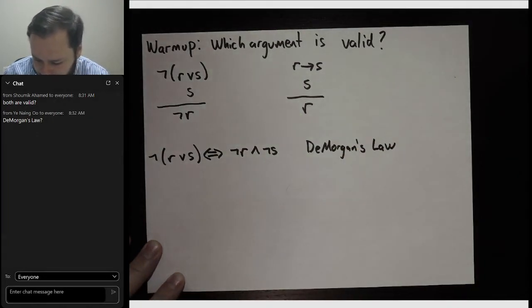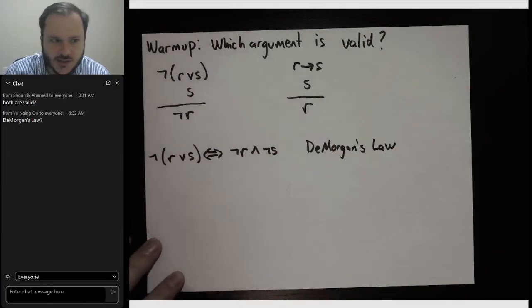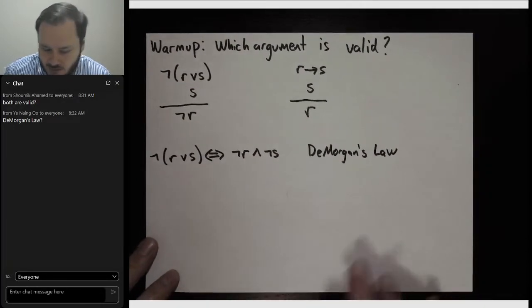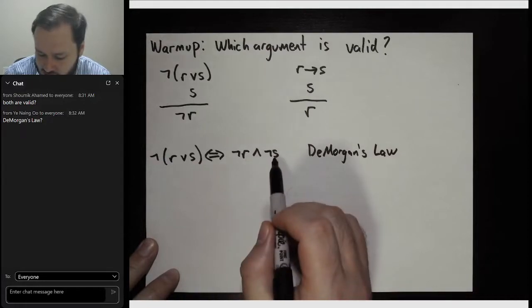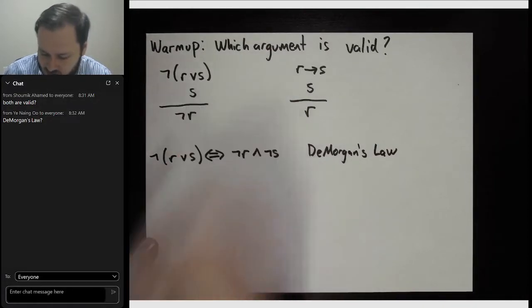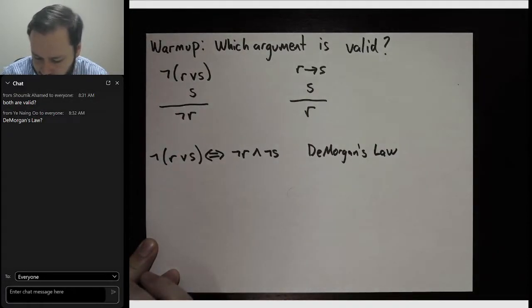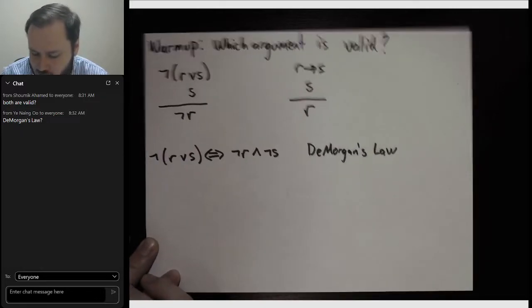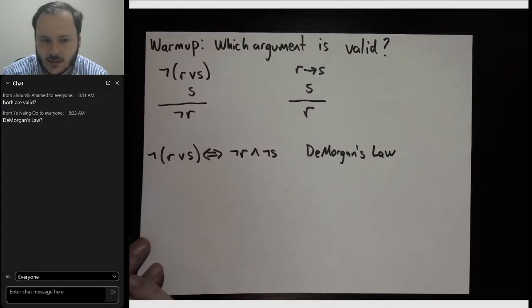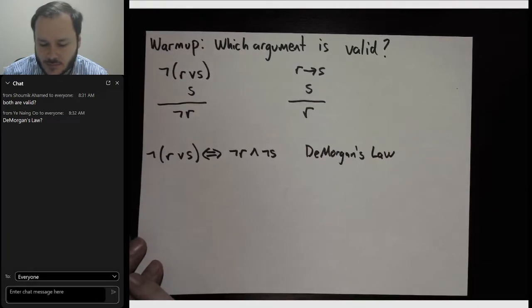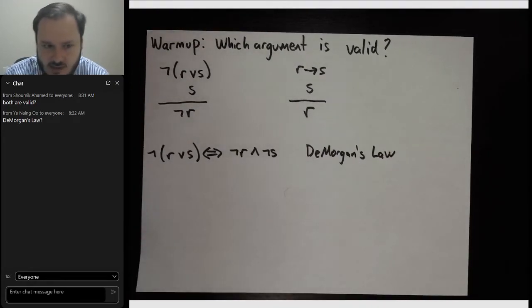Okay. So now this is equivalent to having the argument not R and not S, S, therefore not R. So now the question is, can we use a different law of logic, or maybe a law of inference to get where we're going here?